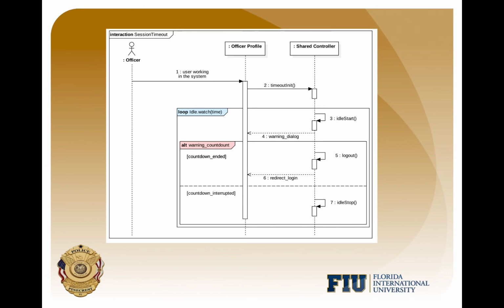In the first case, if no action is taken, the logout function will be called at the share controller level, and the user will be redirected to the login page. Otherwise, if the countdown was interrupted, the idle stop function will be called and the loop will repeat again, where the system will be watching for inactivity to start counting for the idle timeout.